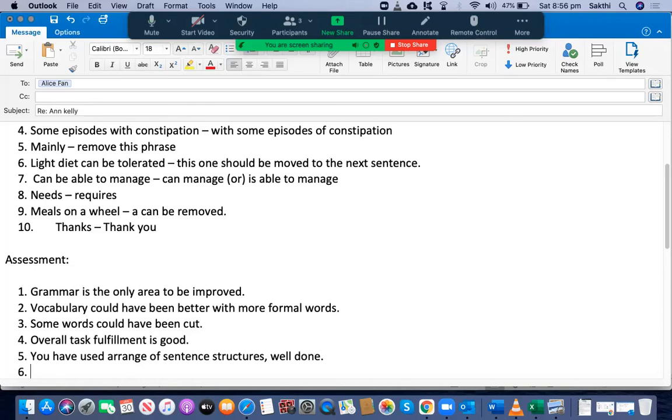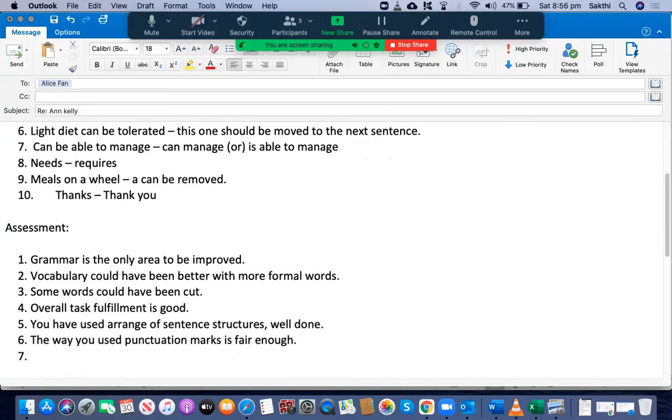The way you used punctuation marks is much better, really good. Use of articles is okay overall, but there is one occasion where you haven't used the articles properly.